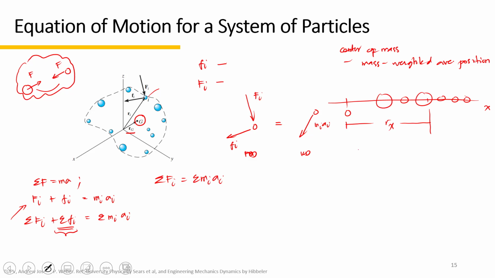So in order to find r_x, the formula is you have to multiply the mass of one particle times its distance x, and the mass of the other particle times its distance, and you would do that to the rest of the particles, and then divide all of that by the total mass.